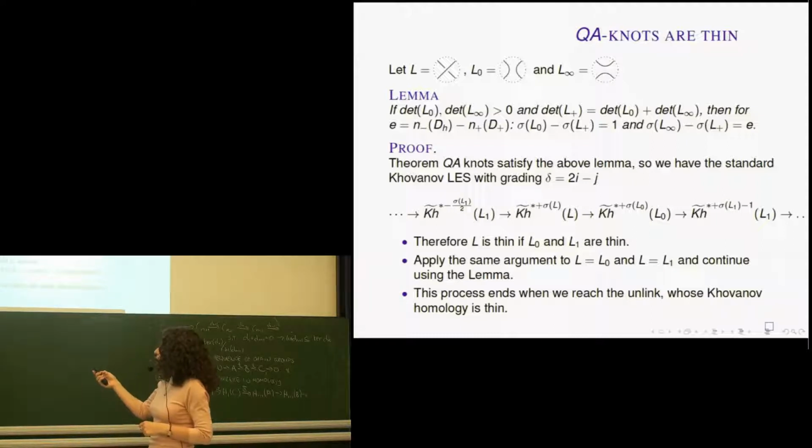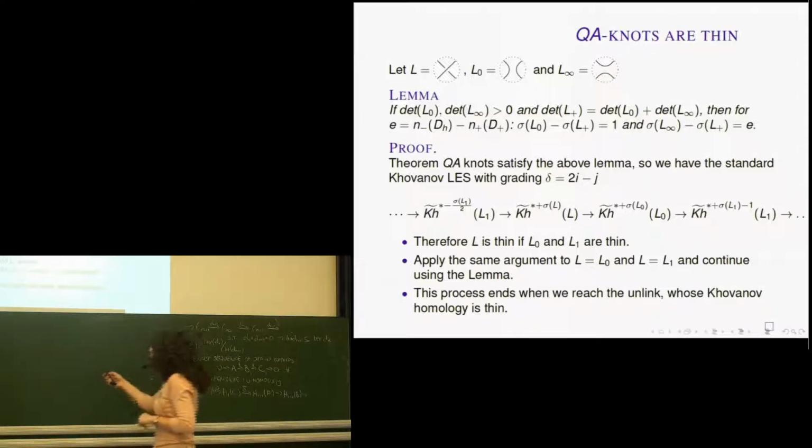So we have L0, let's say this is a positive crossing, L0 and L infinity, and there's a technical lemma that says that if the determinant of L0 and the determinant of L infinity are greater than 0, and we have this quasi-alternating condition here, then for a certain constant e, that's the number of negative crossings in D0 minus the number of positive crossings in D infinity, the difference between their signatures is 1, and the difference between the other signatures is this number e.